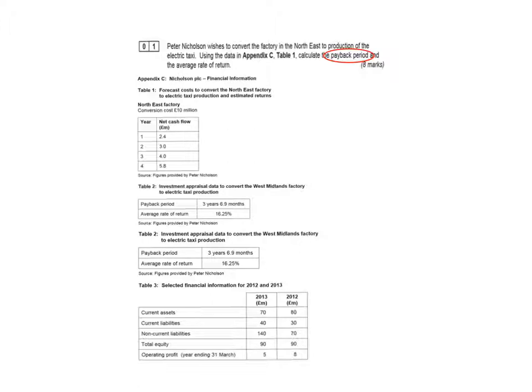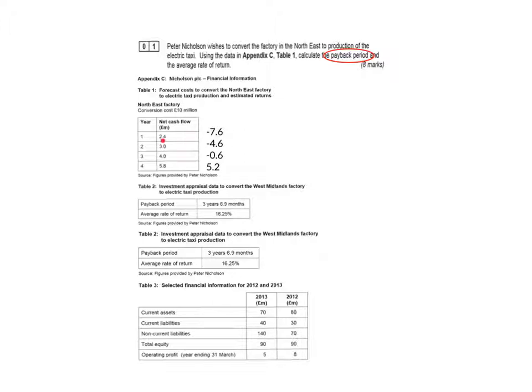So the first thing you need to do is look at Table 1, just here. So you need to look at year 1, year 2, year 3, year 4. Now we know in year 0 we're going to have the cost of the investment, which is 10 million. So what we do is we create our cumulative cash flow chart. Now you should have something along these lines.